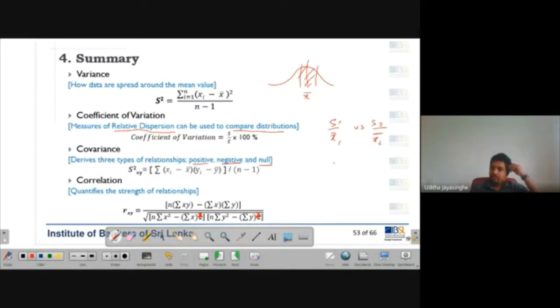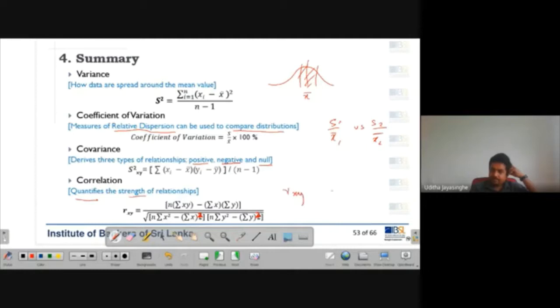Positive, negative, or no relationship. I told you that you may get values like zero, 23, negative 200, likewise. But this is not going to be sufficient at all. So you need to calculate this last indicator, that is the correlation coefficient. This is going to quantify the strength of the relationship.